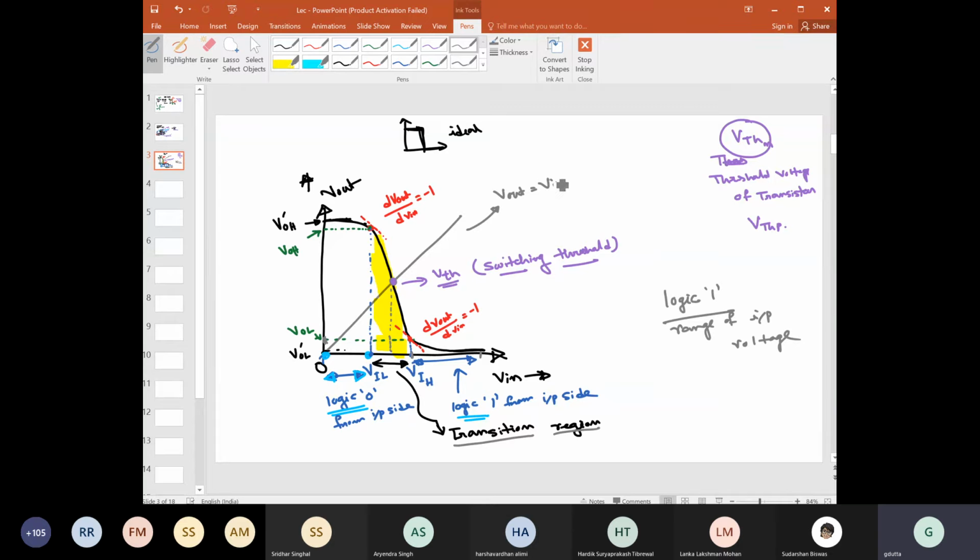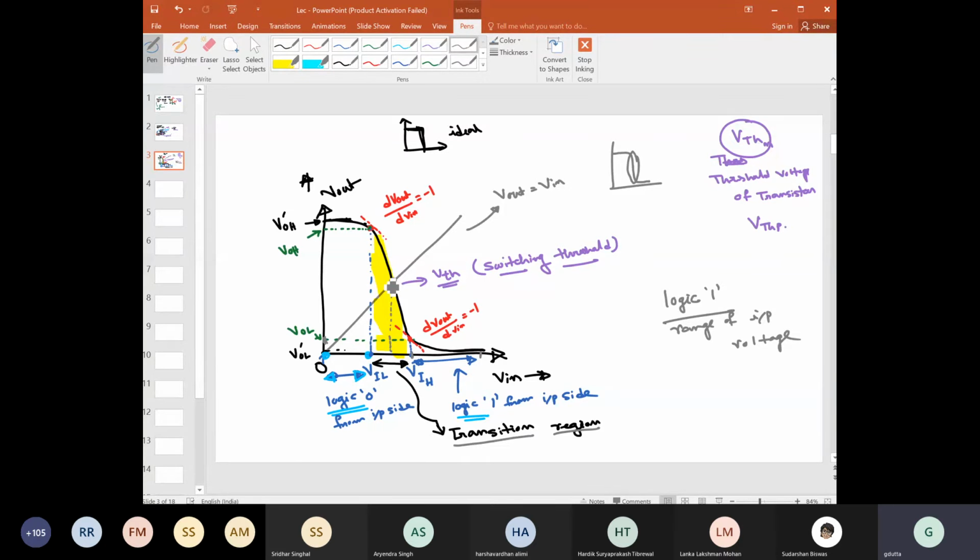For a good design the characteristic should be almost like this, so this region will be very sharp, and the difference between VTH and VIL will be very small. But technically anything below VTH can be considered as logic 0, and above VTH as logic 1.